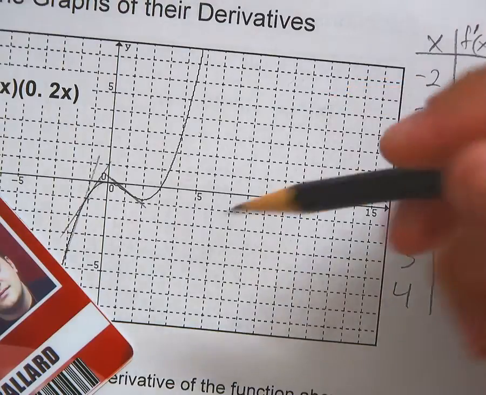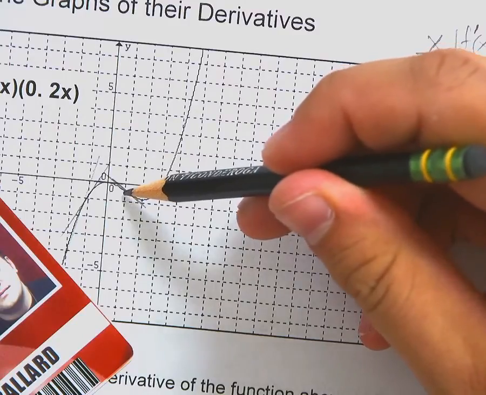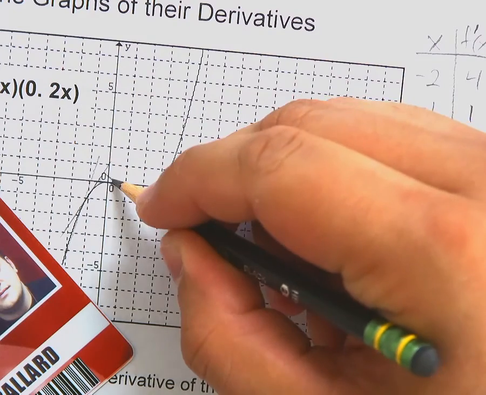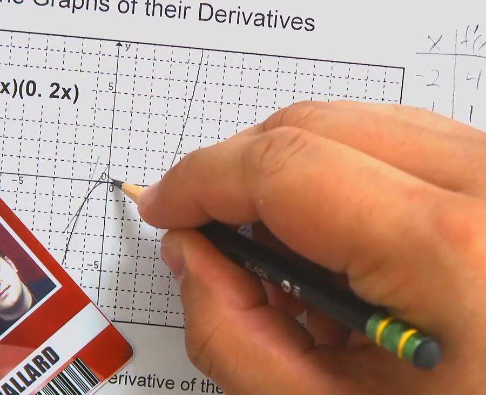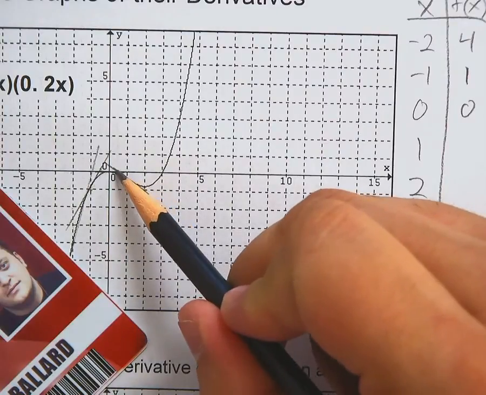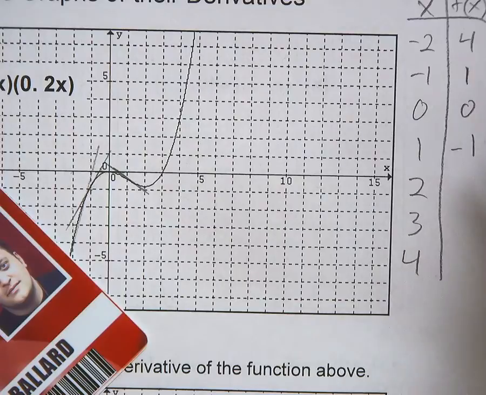But notice that it's a negative slope here. To go from this point where it touches up to the other point, it's like up 1 and over 1.5 roughly. So again, I'm going to go shy on this, and I'm just going to say it's -1.